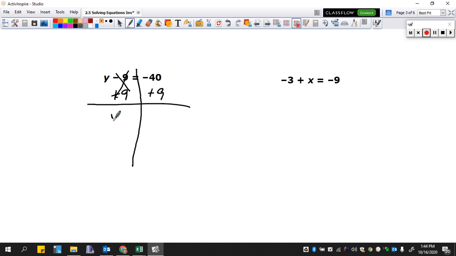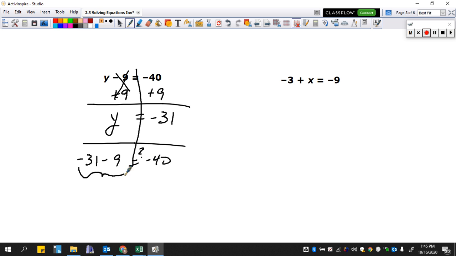We're left with y is equal to negative 40 plus 9, which is negative 31. Check it. Negative 31 minus 9, is that equal to negative 40? Well, negative 31 minus 9 is negative 40, so that does check out.